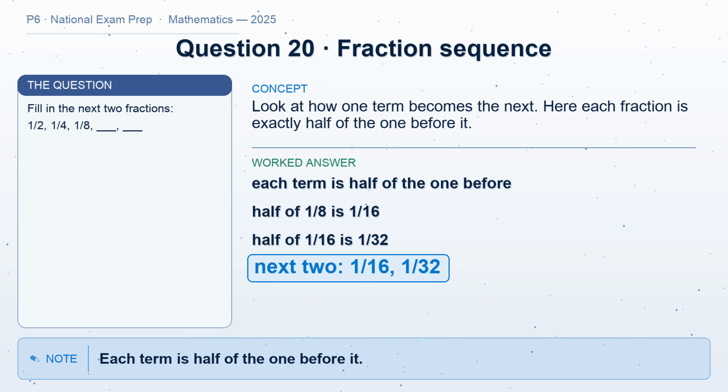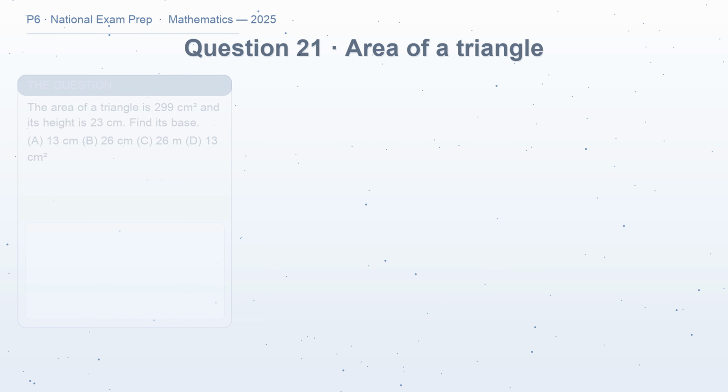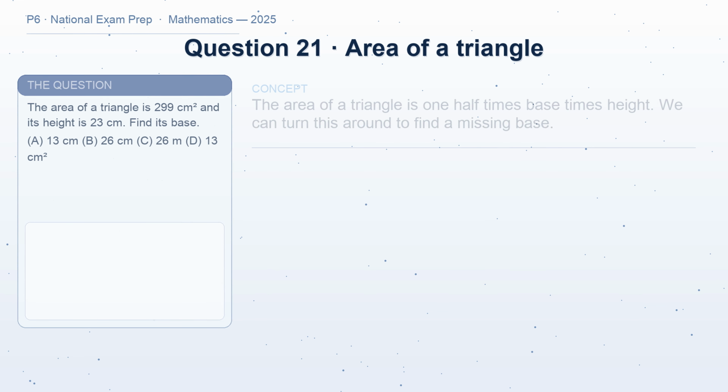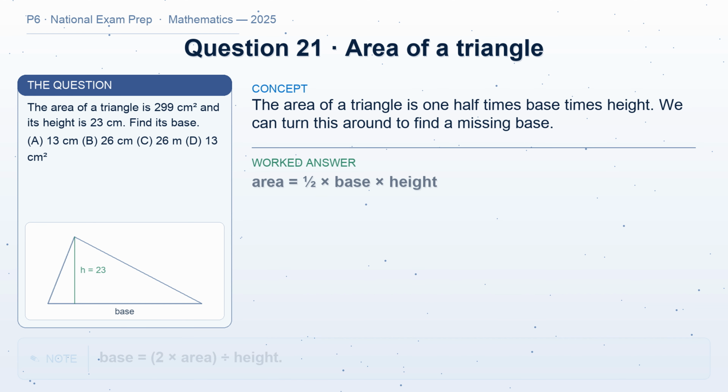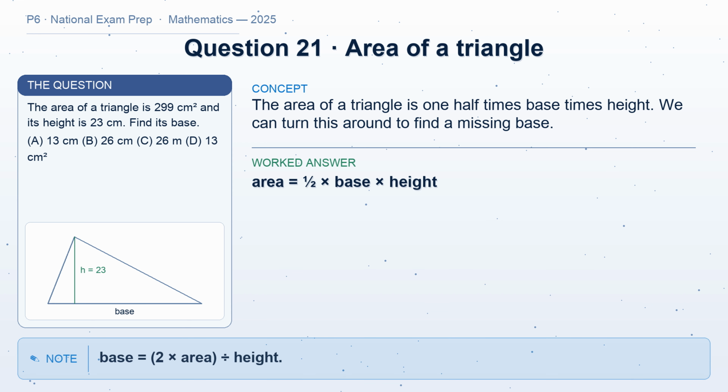Great spotting. Question 21. A triangle has an area of 299 square centimeters and a height of 23 centimeters. Let's find its base. Remember, the area of a triangle is 1/2 times the base times the height. To find the base, we can turn the formula around.